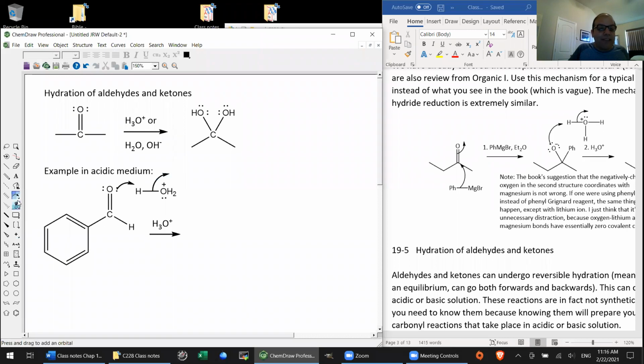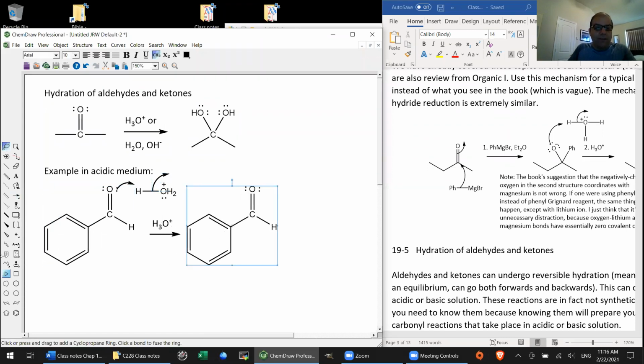And that's very typical for reactions that are in acidic medium. So what does that give us? Well, it means that we now have, look how easy this is to do, this protonated species.